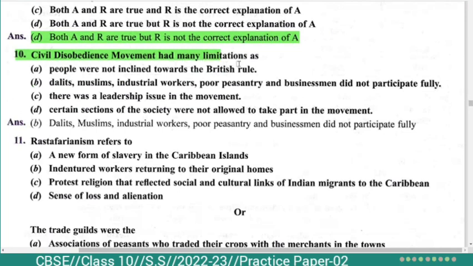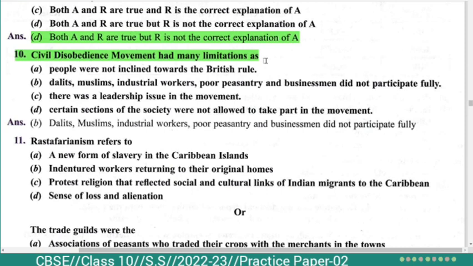Tenth question. Civil disobedience movement had many limitations as. Options are A. People were not inclined towards the British rule. B. Dalits, Muslims, industrial workers, poor peasantry and businessmen did not participate fully. C. There was a leadership issue in the movement.